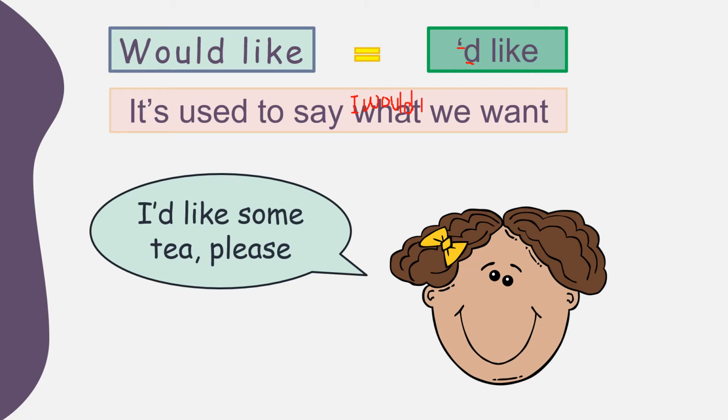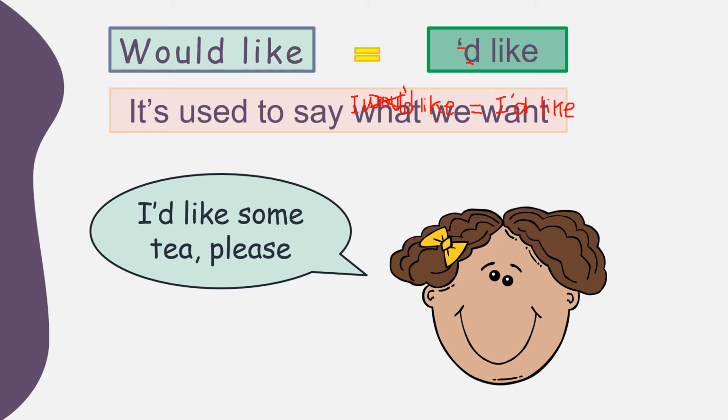I would like, can you read this? Okay. I would like, you can make it short by deleting these letters. You change them with an apostrophe. It becomes I'd like. It is the same if I change the subject to she. She would like becomes she'd like.